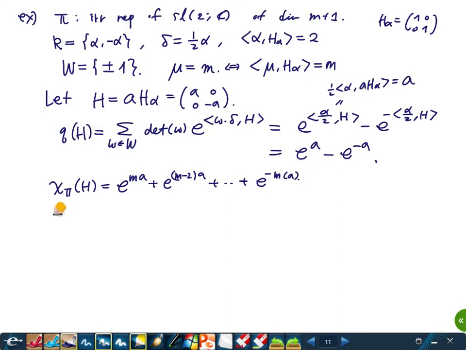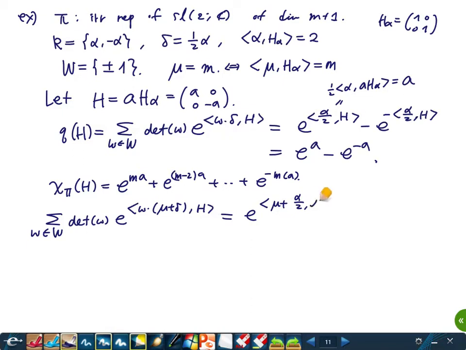And what is the numerator in the Weyl character formula? This is e to the h. But again, we have only two elements. One, we have a mu plus, what is delta? It is 2 alpha over 2. This is going to be a alpha, a h alpha, minus, and minus of them.